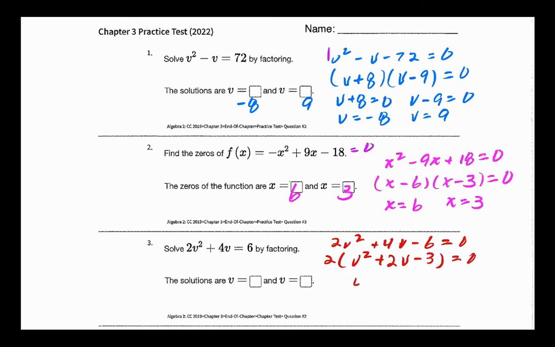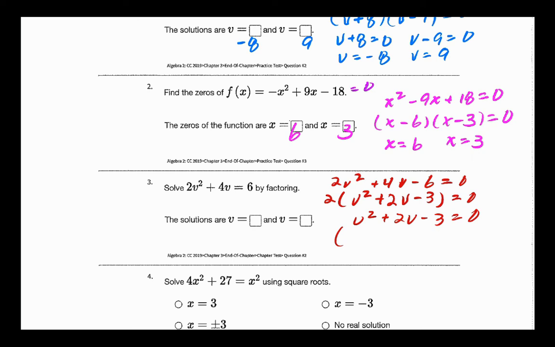Divide by 2, I'll just end up with v squared plus 2v minus 3 is equal to 0. Again, a v and a v. The last term's negative. We just did one like that on number 1. One's positive, one's negative. To have a positive 2v, I'm going to have plus 3 minus 1. Those are my factors. So I'll get v is equal to negative 3, and v is equal to positive 1.